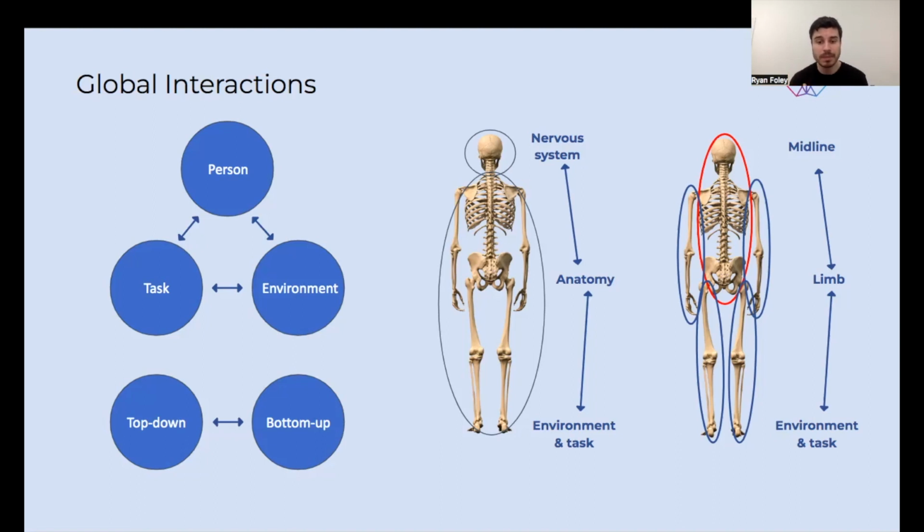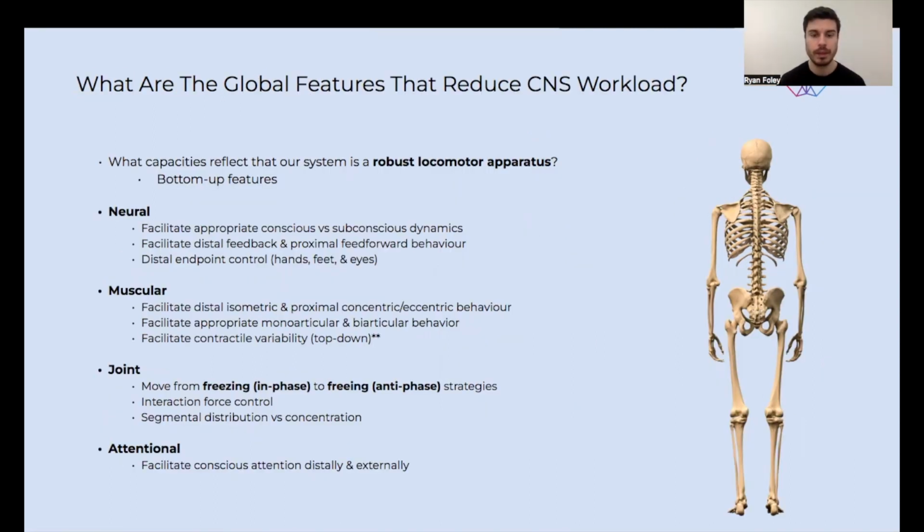Okay, so the limbs deal with direct forces, and the midline tissues or the midline body region deals with indirect forces. Okay, and this reflects the different roles or the different behaviors that the midline body region relative to the limb body region express during whole body movement. And this is why we need to load the limb segments differently compared to the midline tissues across our rehab plans.